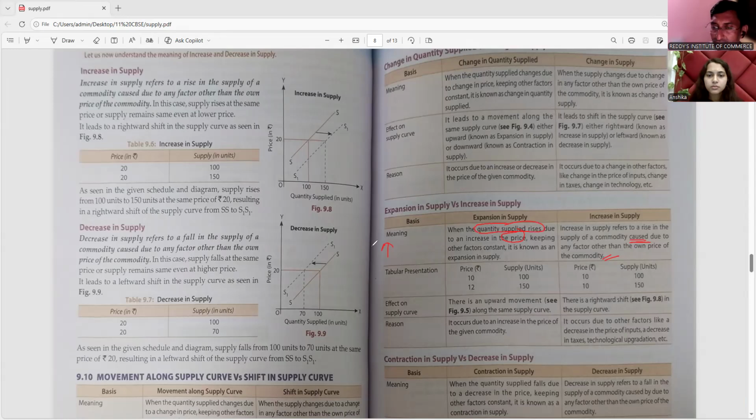So we can understand with the help of numerical form. When price was 10, supply was 100. When price was 12, supply increased. It means in this case both are increasing. Now, in this case, price remains the same, but supply is increasing.